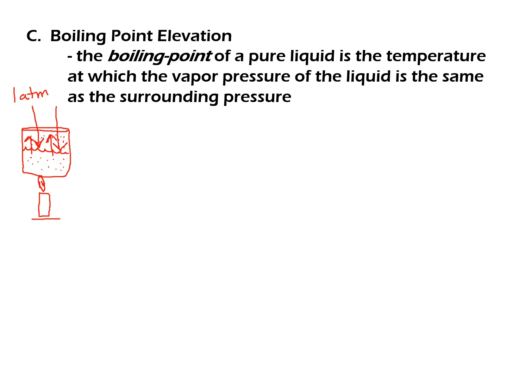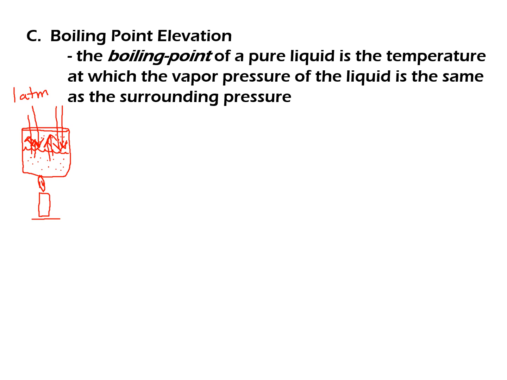Well, if there's a lot less pressure pushing down on the liquid, then you don't need as much vapor pressure going back up, which means you don't need as much heat. The boiling point of water on the top of Mount Everest is like, I don't know, 79 degrees Celsius or something like that. It's way lower than 100. Okay, way lower.